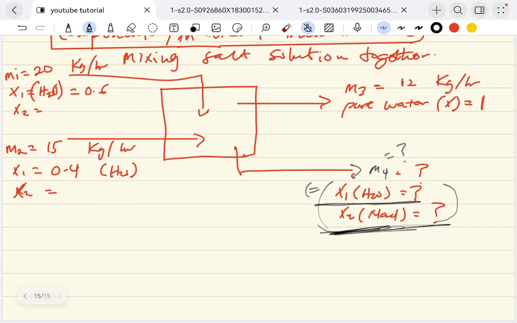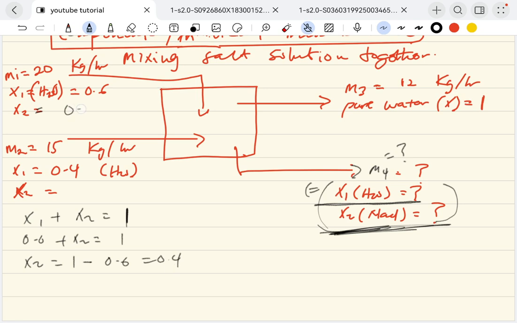Okay, so let's begin to calculate the fraction of salt from M1. We know the two components add up to 1. So 0.6 plus the salt fraction is equal to 1. The salt fraction is simply the difference between 0.6 and 1: 1 minus 0.6, which is 0.4.